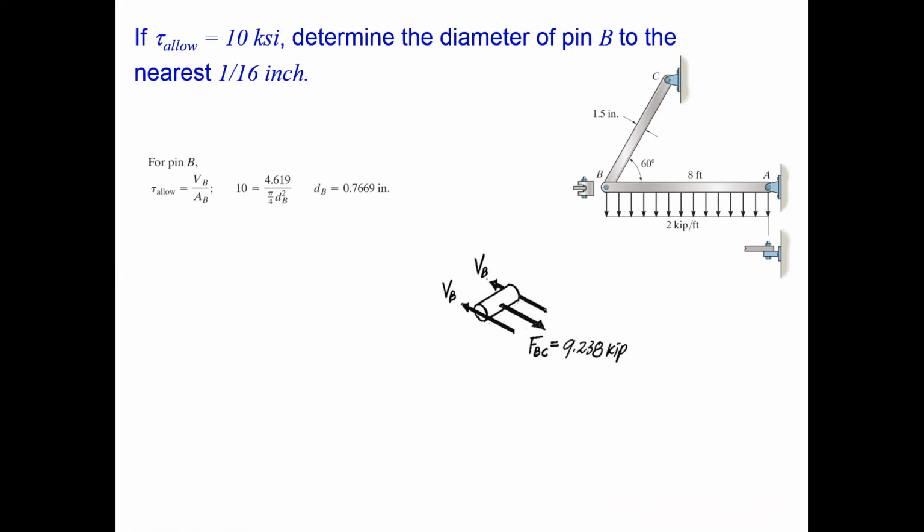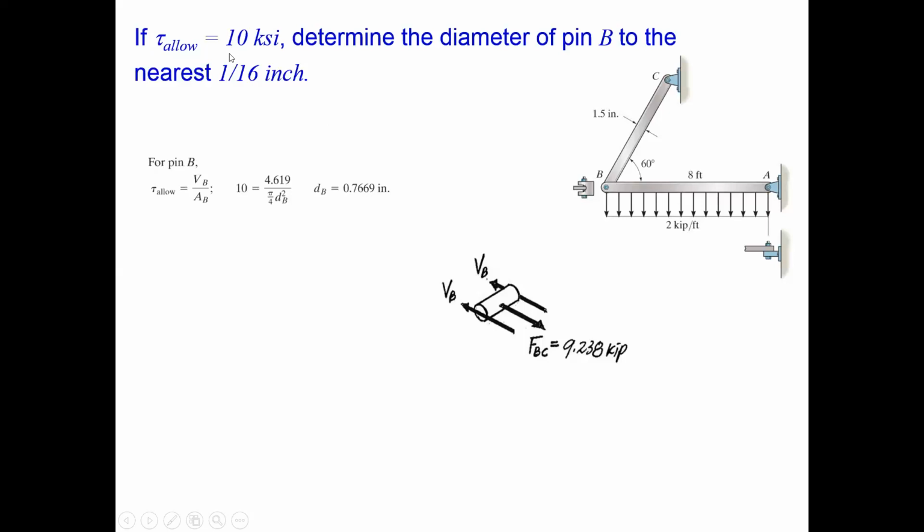And if you use 13/16, you get 0.8125. Between those two, which one will give you your shear stress always below 10 ksi?